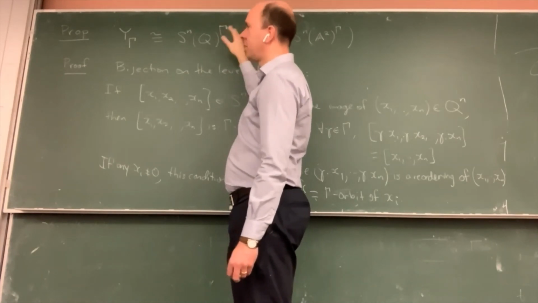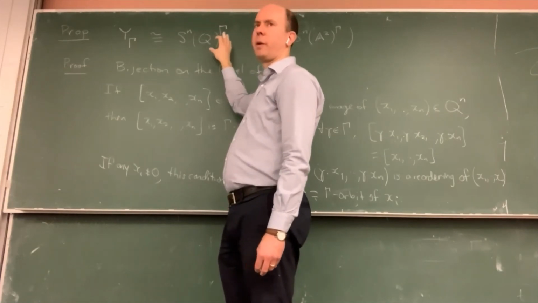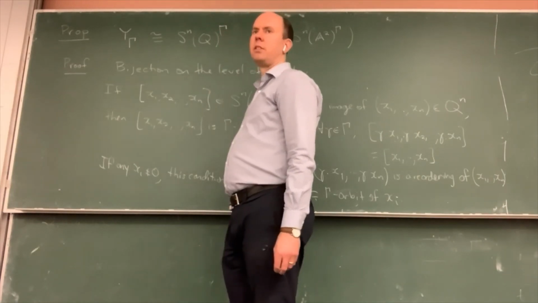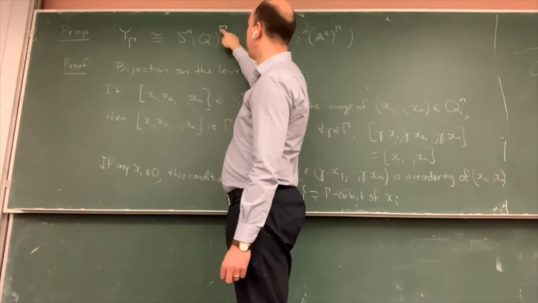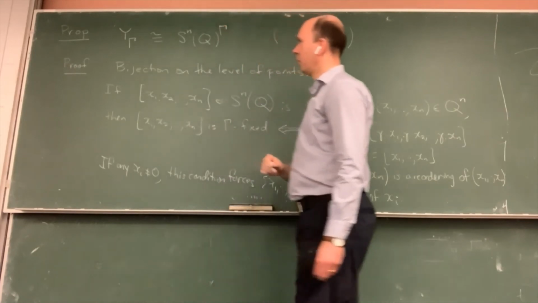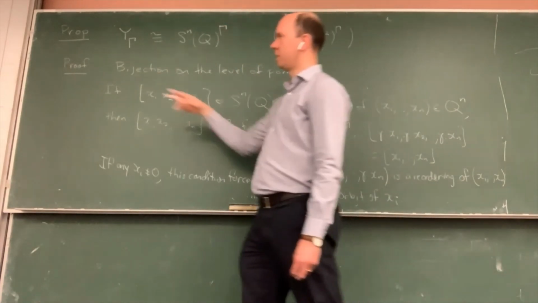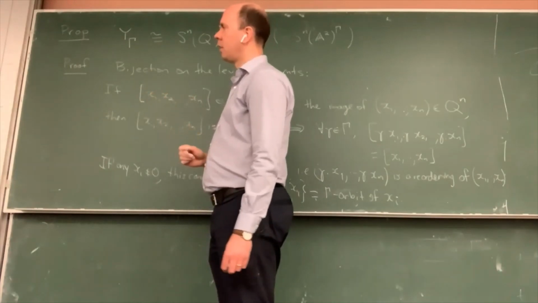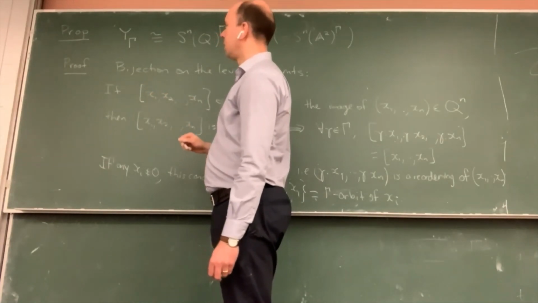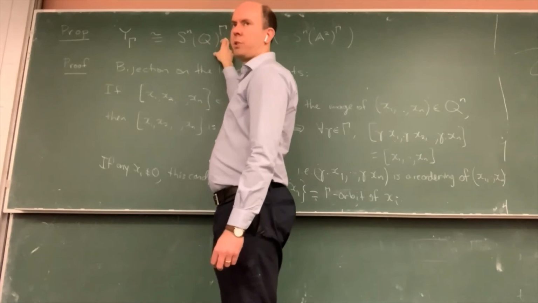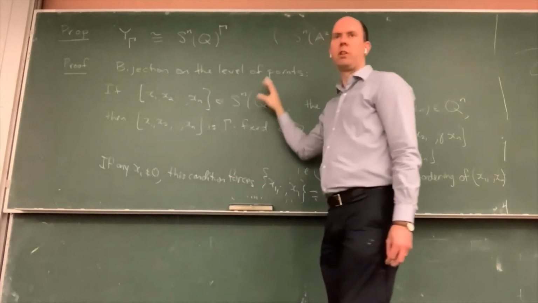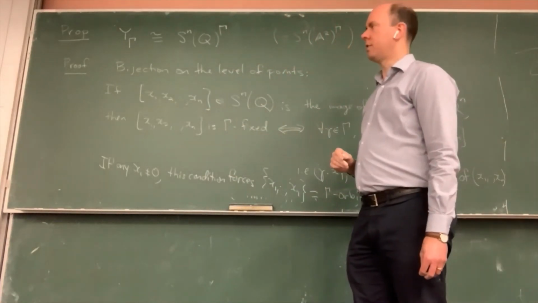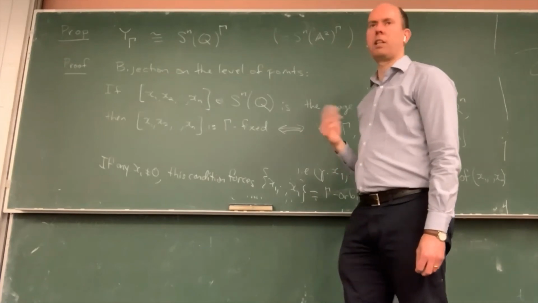I think that's where it helps to think about points rather than pure algebra, exactly this part of taking the gamma fixed points. So to say that the image of this closed embedding is exactly the gamma fixed points on the right-hand side. That's what was explained on this board. So that's where I think it helps.